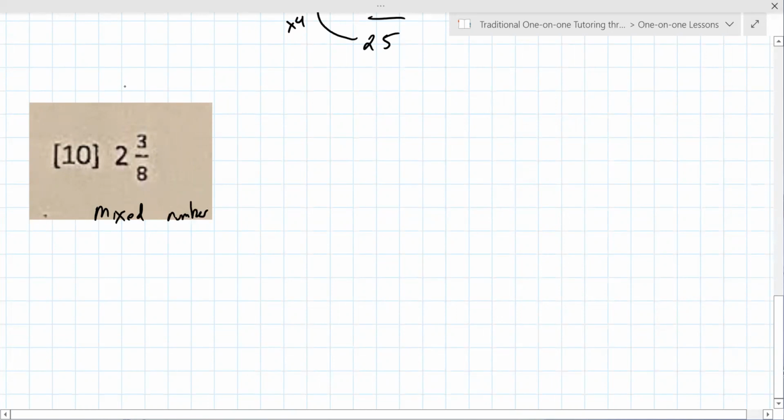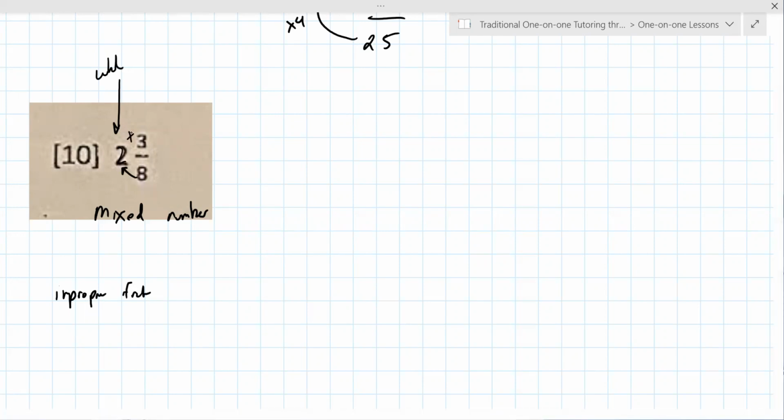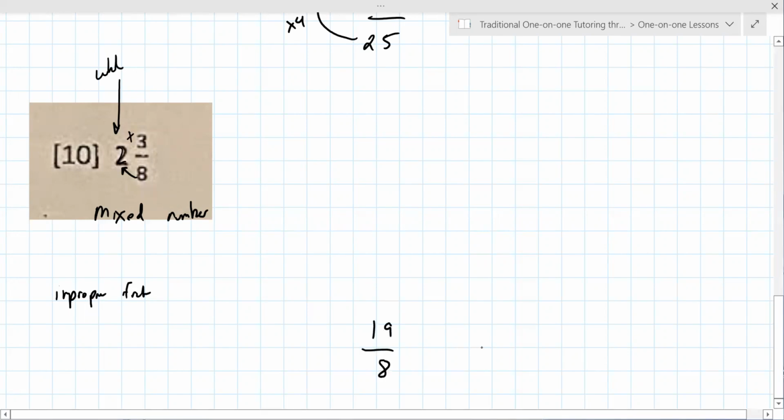It's got a whole part and then it's got a fraction. Do you remember how to convert this to what's called an improper fraction? I think I did in 5th grade. Okay, you take that 8 and multiply it by the 2, and then add the 3. Yeah, I remember. So 8 times 2 is 16, plus 3 is 19. So the fraction is 19 over 8.